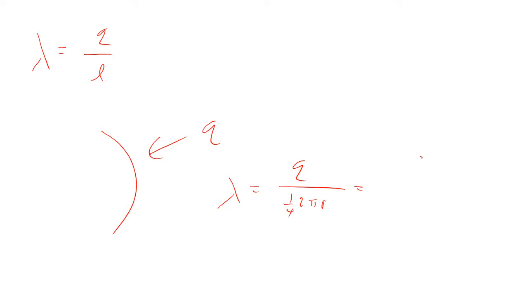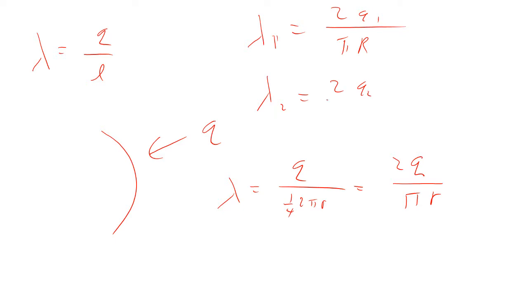That's going to be equal to 2Q over pi r. That's going to be my lambda right there. So lambda 1 is going to be equal to 2Q1 over pi r. Lambda 2 is going to be 2Q2 over pi r.